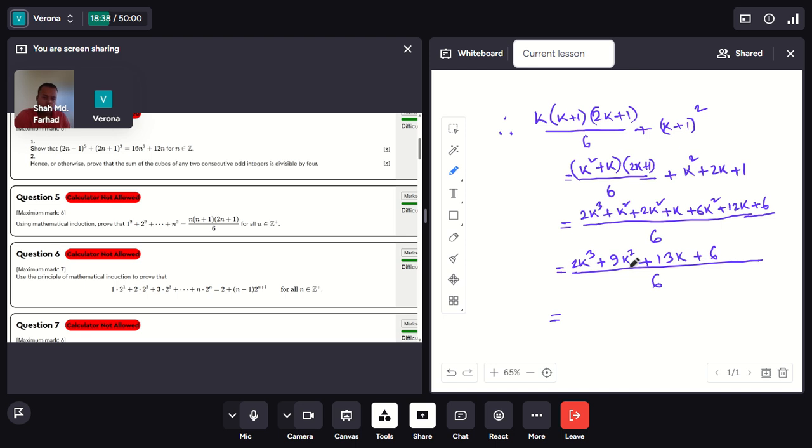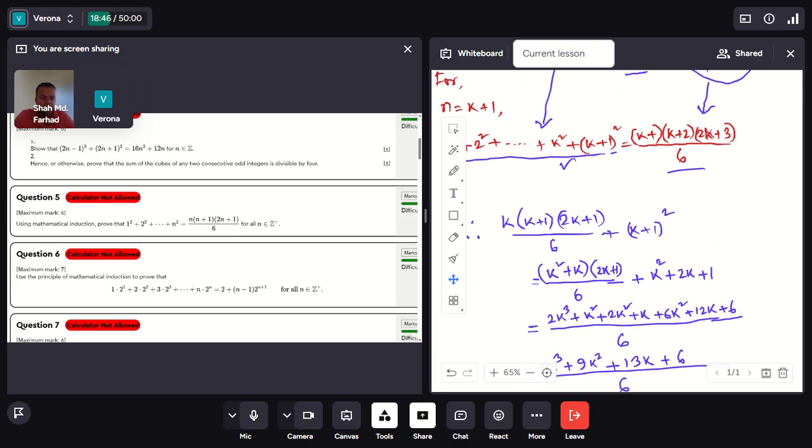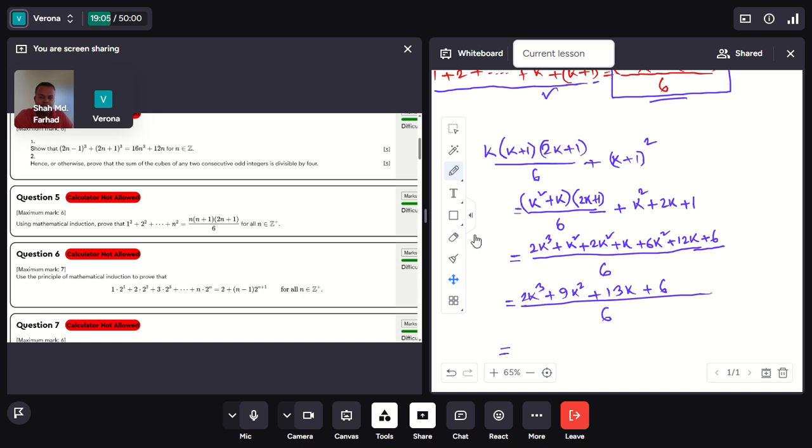Okay, and I think if you face any problem to factorize this, then it will be easier for you to just expand this. So if we expand this term, and we get the term which we just got, then if we can equalize this term with this term, then we can say the theorem is proved.